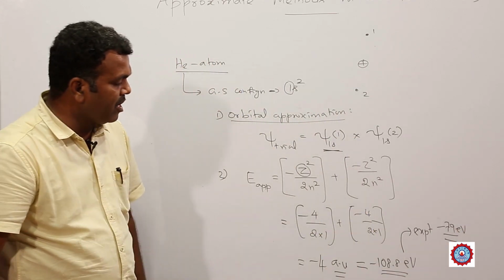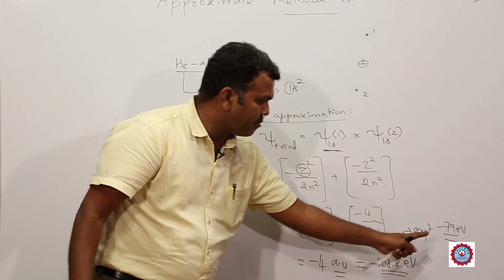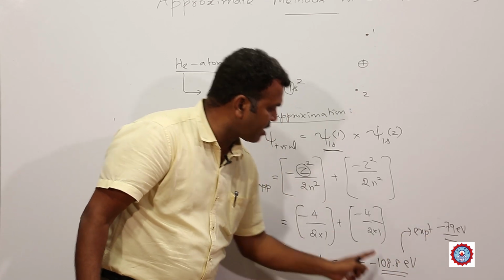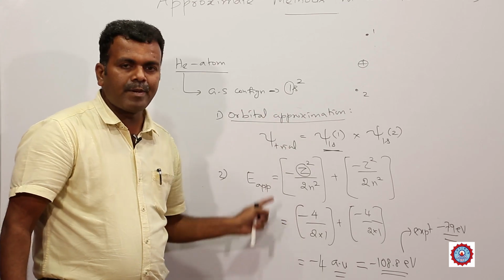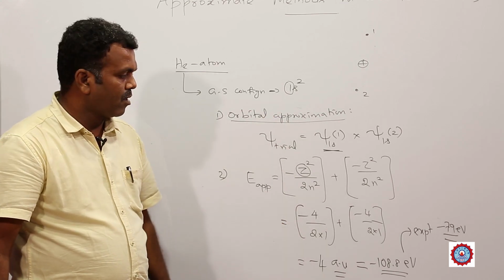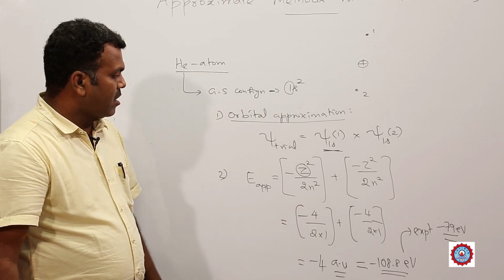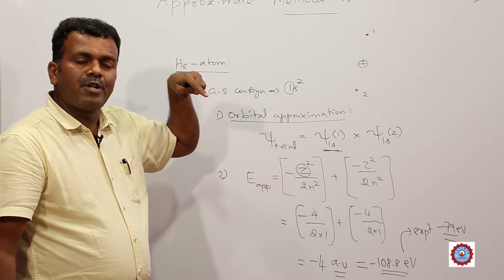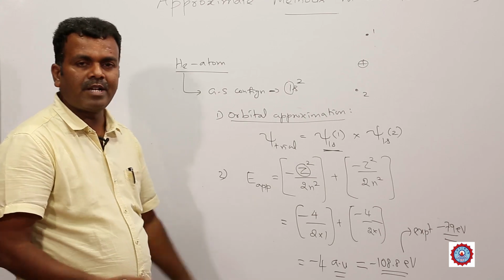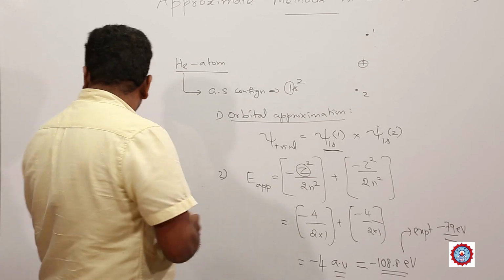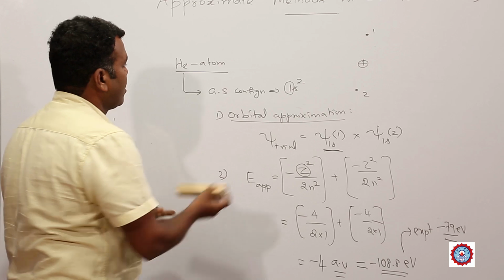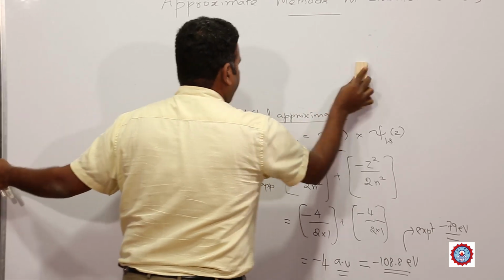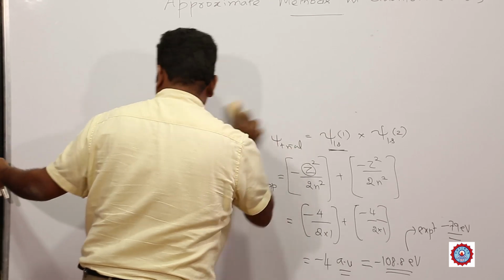So, there is a huge deviation between the experimental value and the value which we calculated using the independent approximation method. So, what we are going to do in this case is take this trial wave function and apply the variation technique to calculate the ground state energy of the system. So, how do we carry out the variation method for the helium atom?